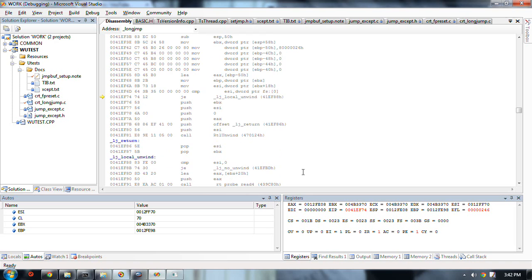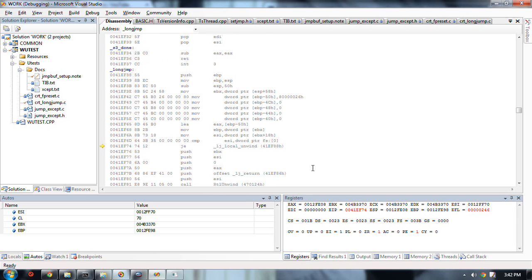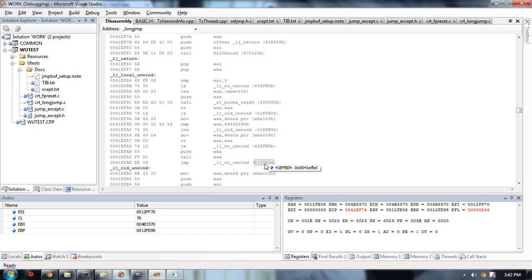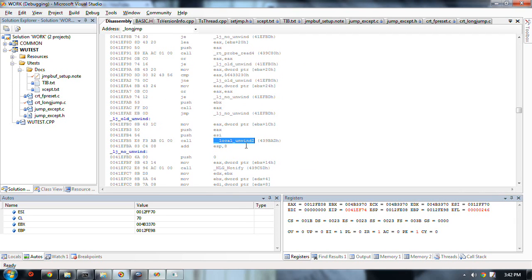But I could imagine some things like open file handles or something, right? Maybe if it goes into this old unwind, that might do an fcloseall or something, I don't know.